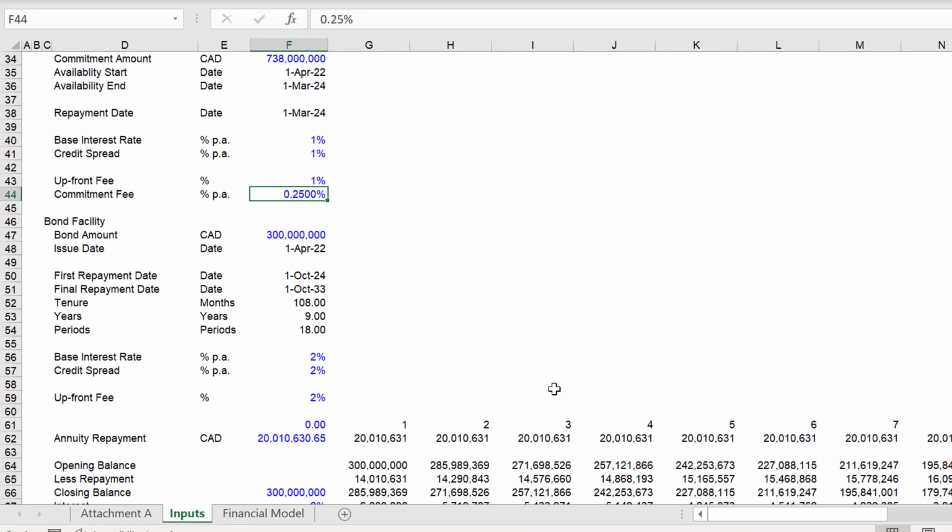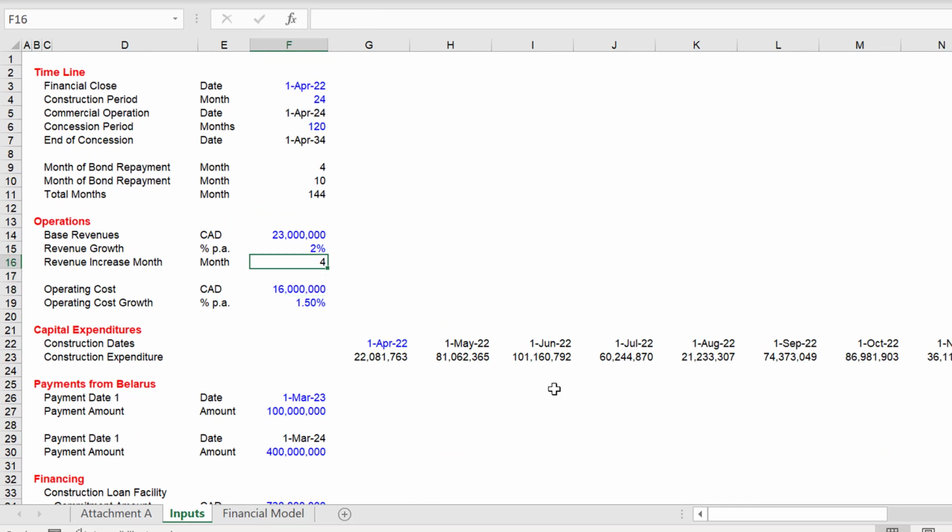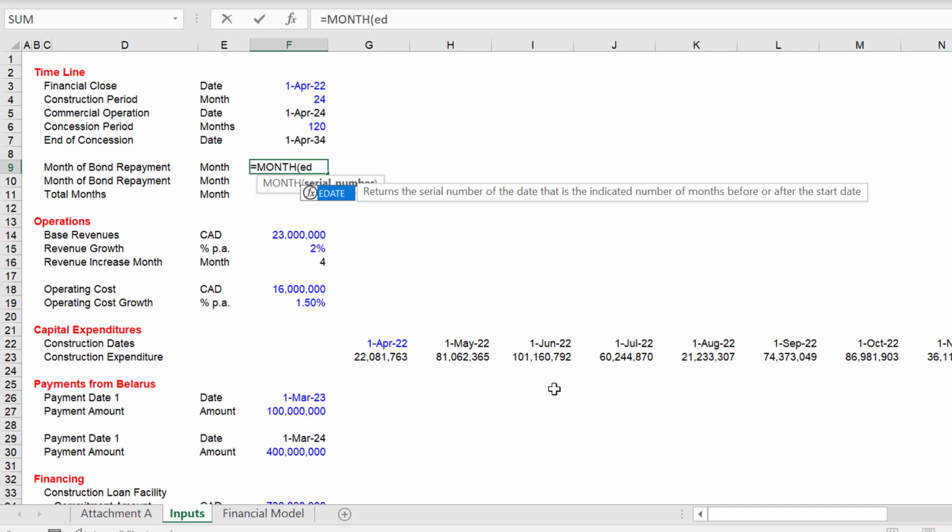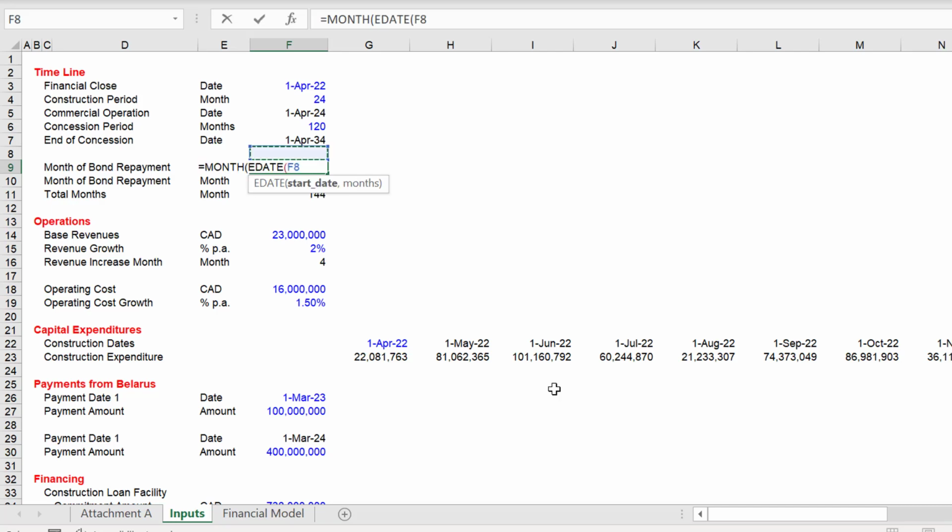So on our bond months, this is the month equal month of E-date. This one, I hope that's going to work. And this is the month of E-date.